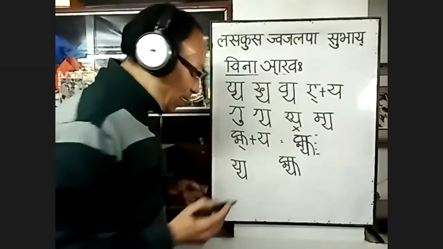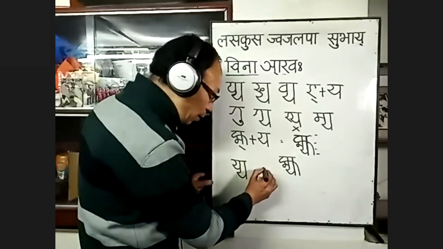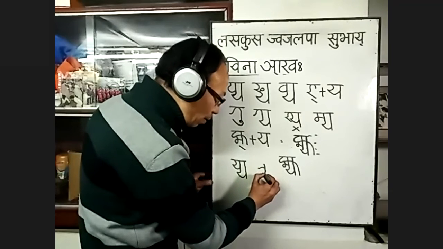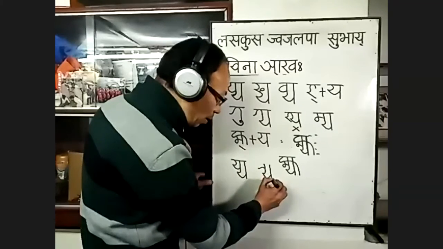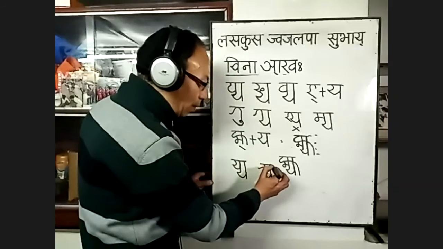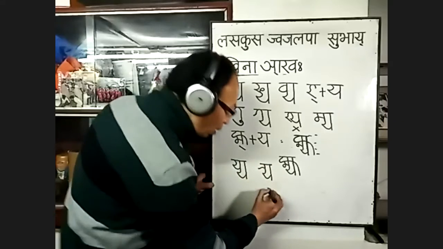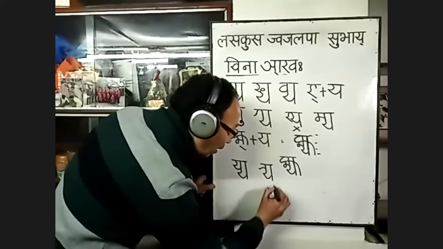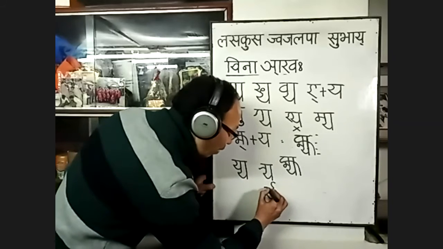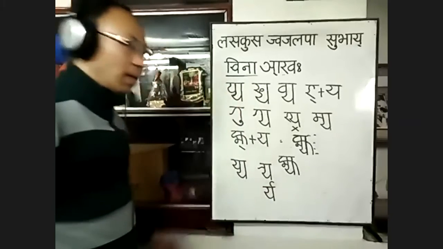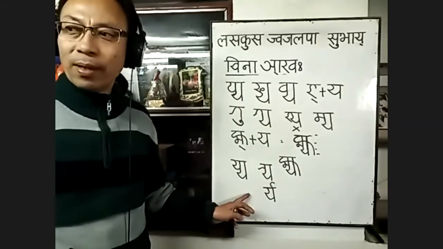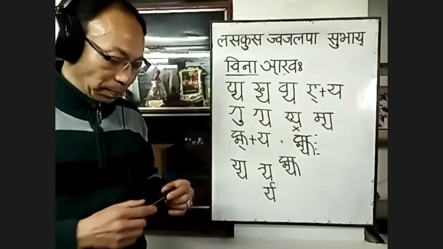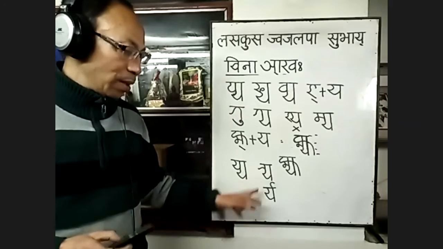You can write either ra and then give the yo, or you can write your yo completely and then give this ra. So this is how it is.